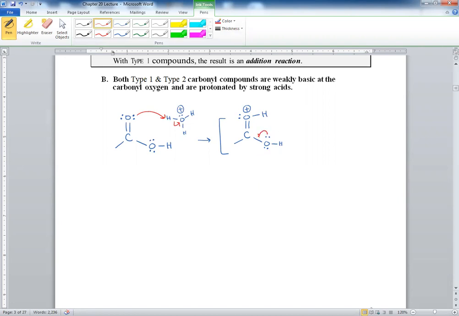So we can take the lone pair from the other oxygen, and now the positive is on this one. So this is resonance stabilized.